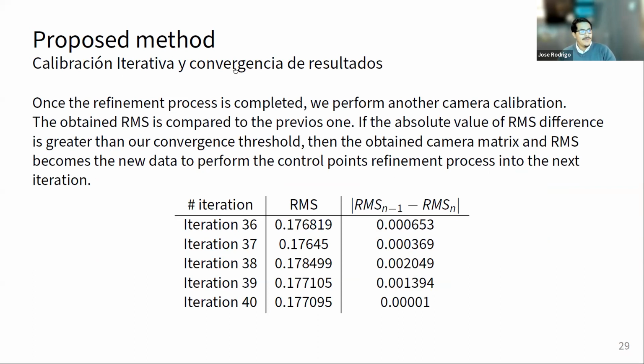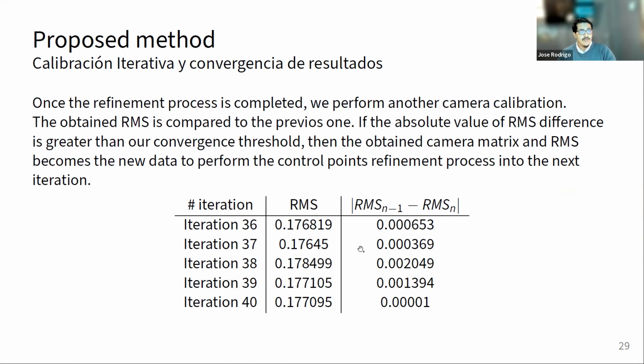The last step is the iterative calibration and the results convergence. Once our refinement process is complete, we perform another camera calibration. We are gonna compare the RMS from the last calibration and the previous one to see if the difference is greater than our convergence threshold. Then the obtained camera matrix and RMS becomes the new data to perform the control points refinement process in the next iteration.